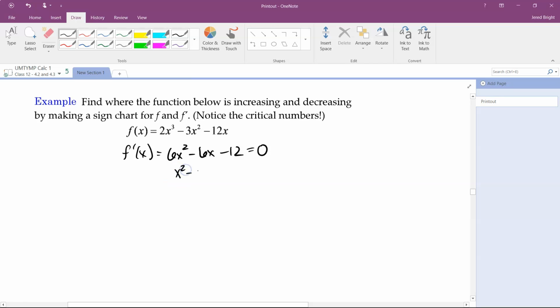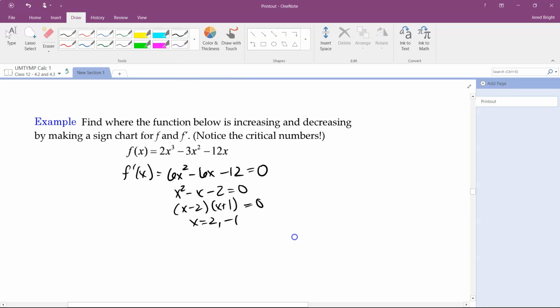So x squared minus x minus 2 is equal to 0, and then we can factor this: x minus 2, x plus 1 is equal to 0. That means we have the critical numbers of 2 and negative 1. These act as boundaries for the increasing and decreasing intervals.